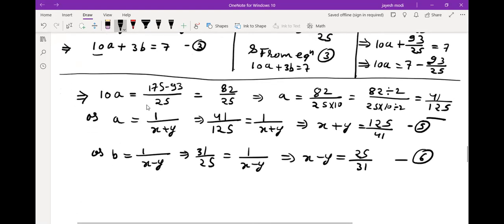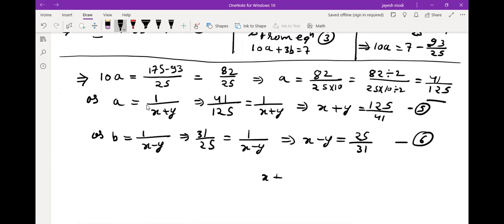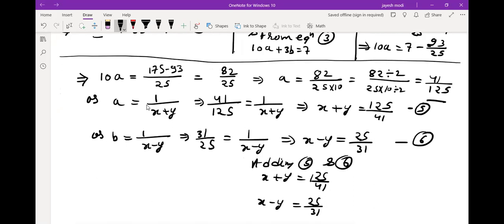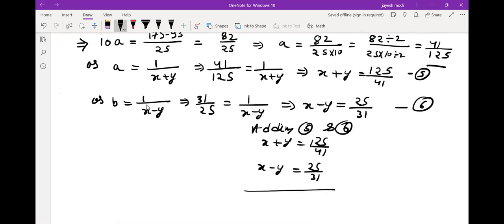And adding 5 and 6, we can get the value of X and Y. Is that clear to you, everyone? Yes, sir. Adding 5 and 6. So have you understood the method?